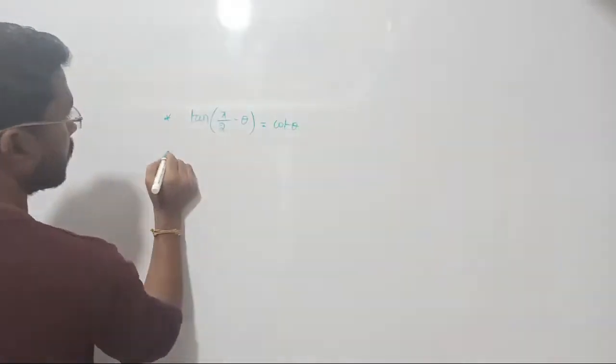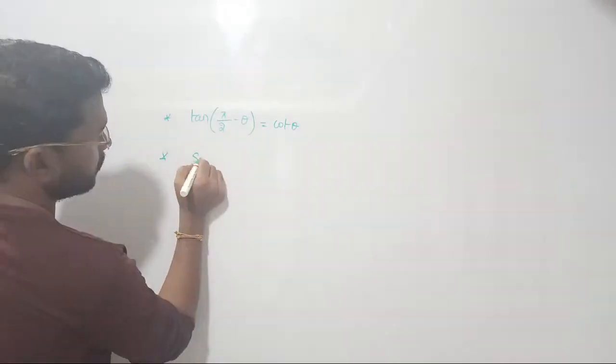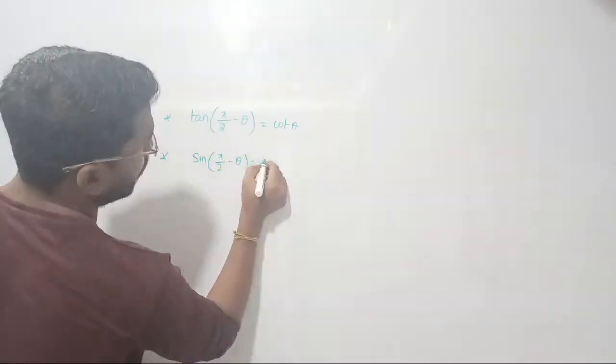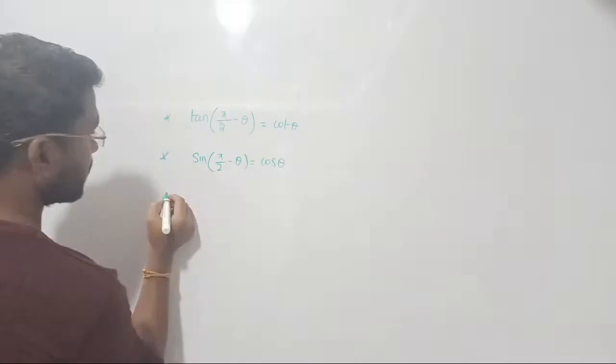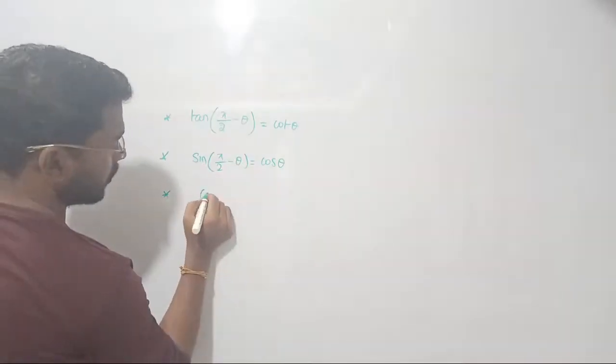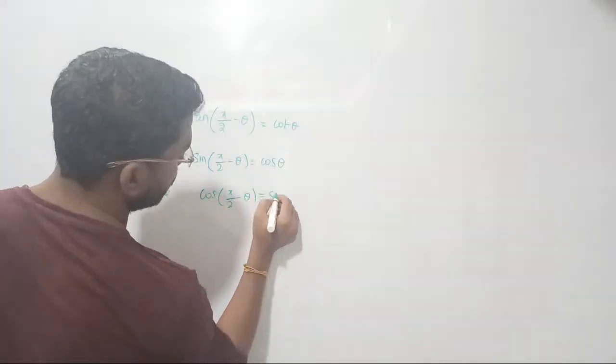Second, sine of pi by 2 minus theta is equal to cos theta. Third, cos of pi by 2 minus theta is equal to sin theta.